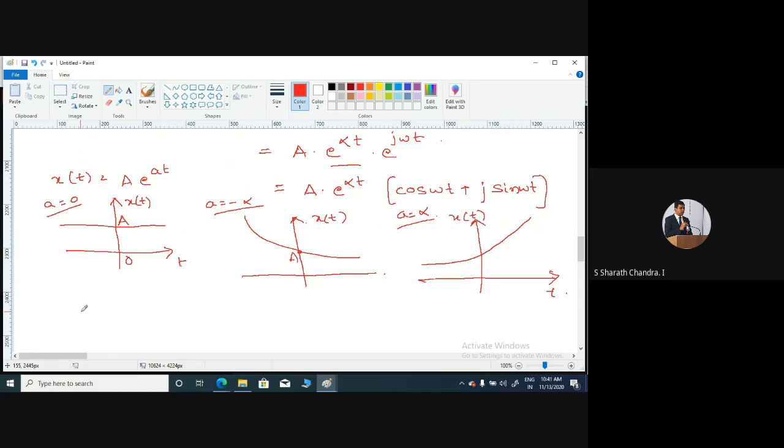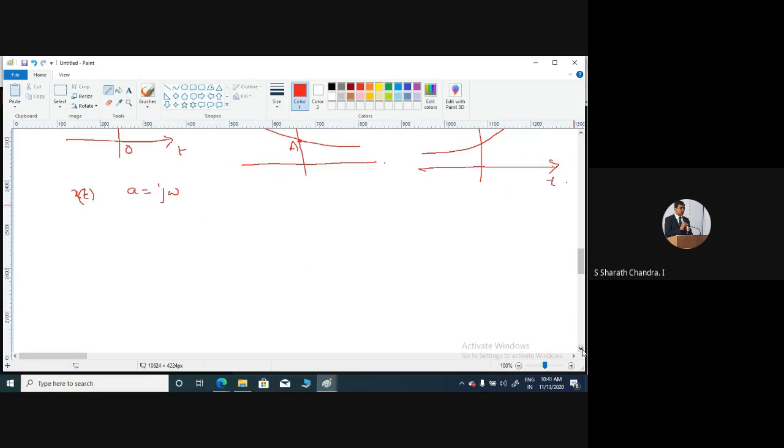But when a is a purely imaginary value like j omega, where alpha is equal to 0 in this case, you could see that this complex exponential can be represented with respect to a sinusoidal signal, and it can take the shape something like this.